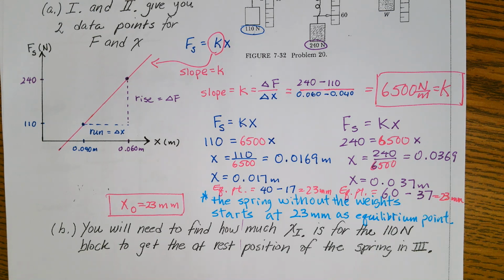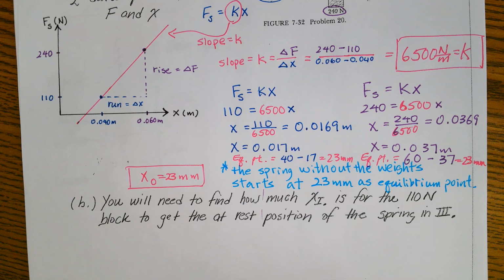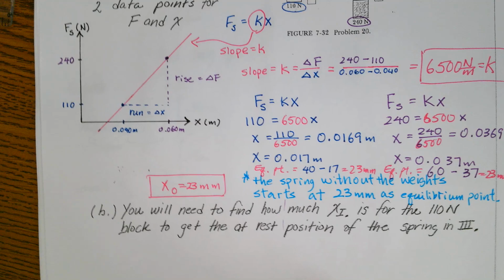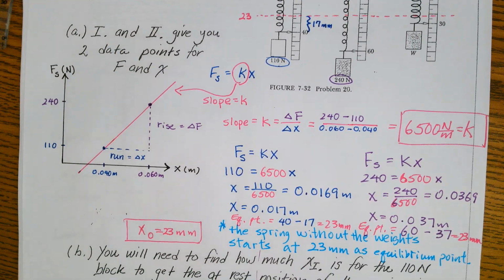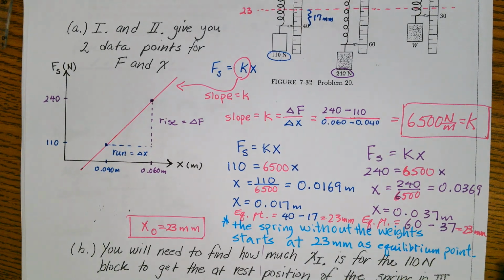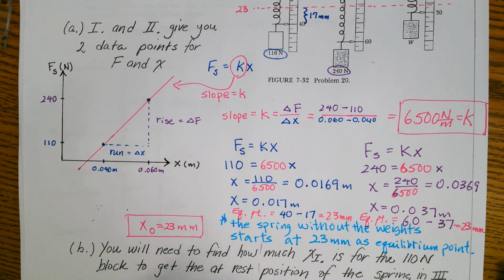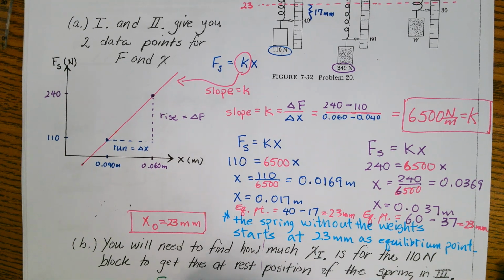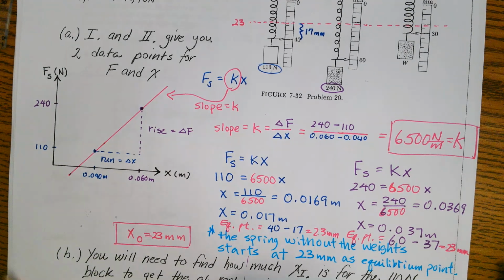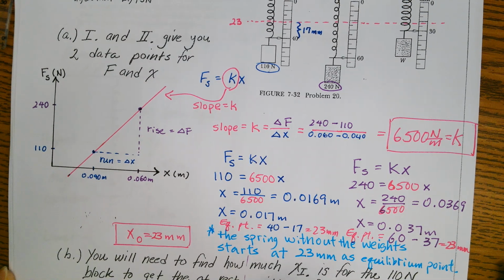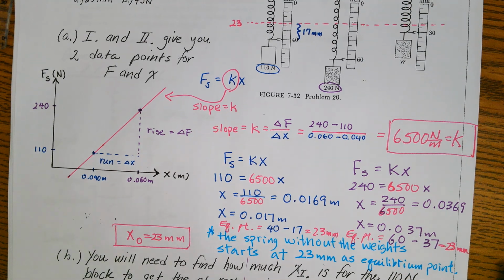All right, then. Now that we know that, when I put a mystery mass on here, F spring, which is equal to basically the mystery mass weight, which is Fg, is equal to Kx. But what is this X?